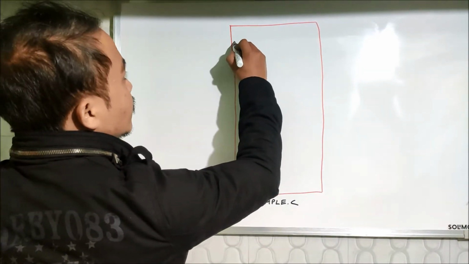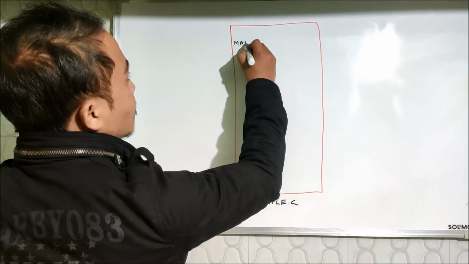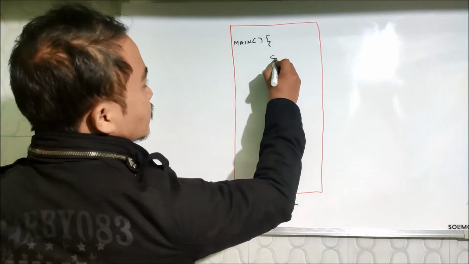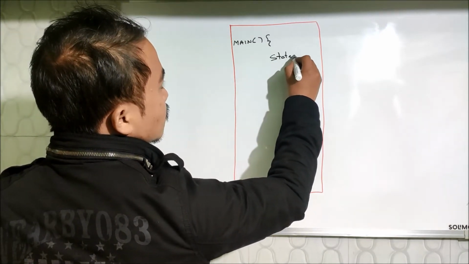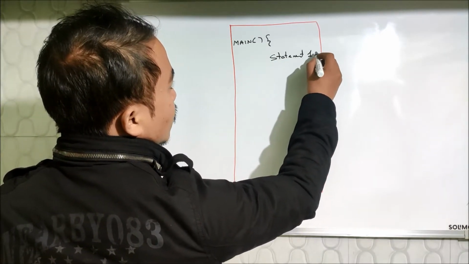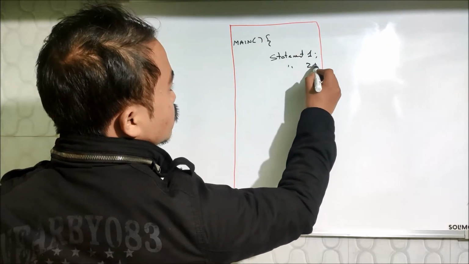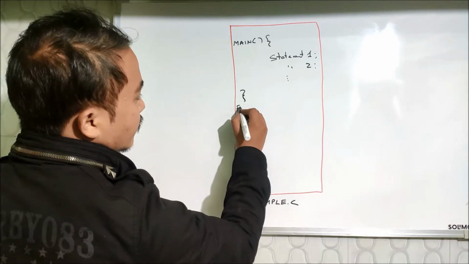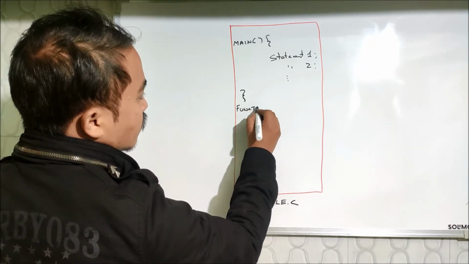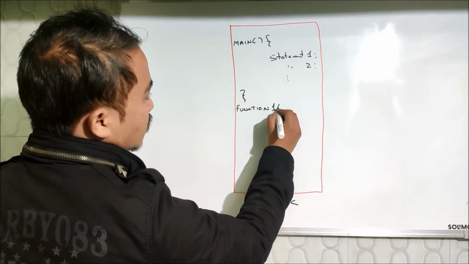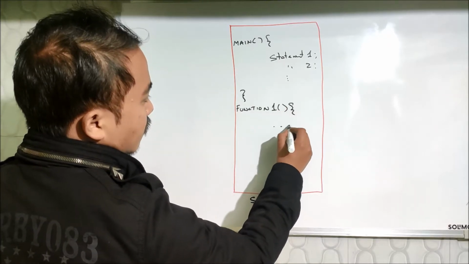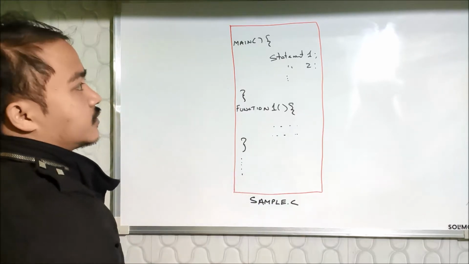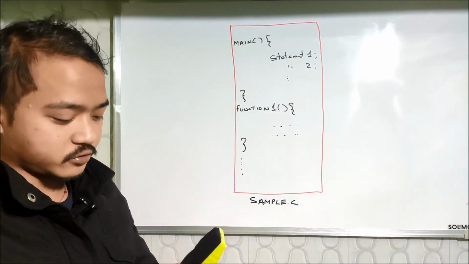We have here the main, open bracket, statement 1, statement 2, etc. And then we have the function 1, and so on. We have a number of statements like that. This is the structure of a C program.